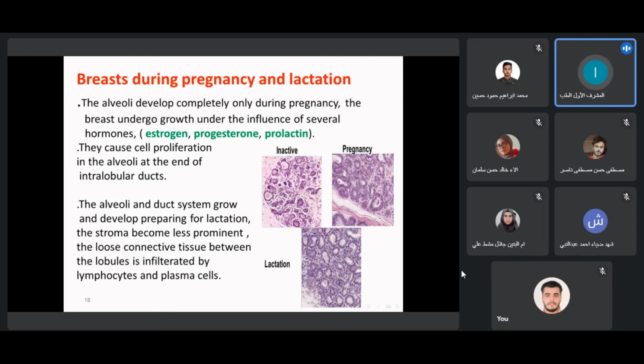This is an inactive breast, an adult but non-pregnant woman, and you can see the alveoli are still small and rudimentary in appearance. In pregnancy they start to grow and proliferate, and the full maturity is reached during lactation, in which the stroma is much decreased and the lobule consists mainly of prominent alveoli, in addition to inflammatory cell infiltration, lymphocytes, and plasma cells.